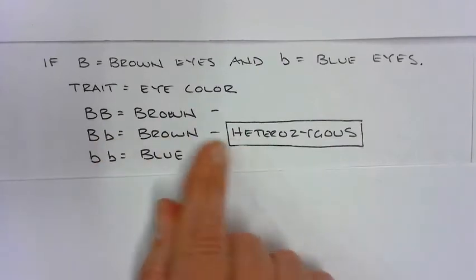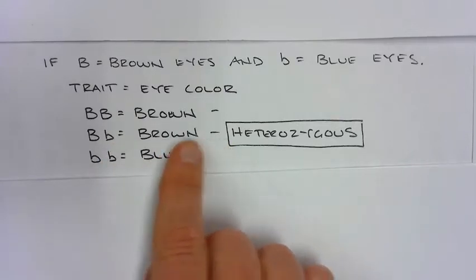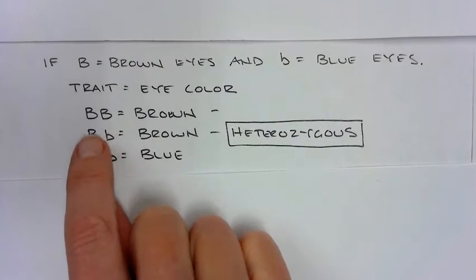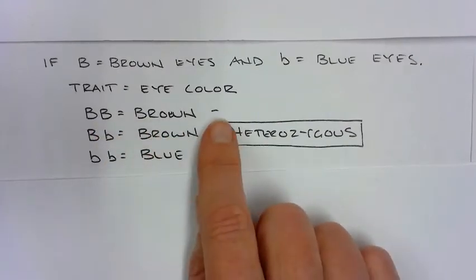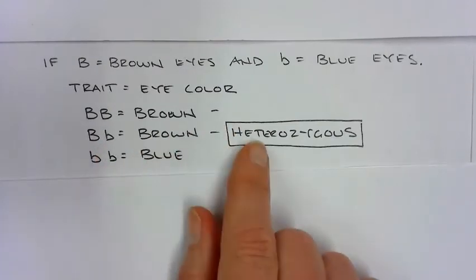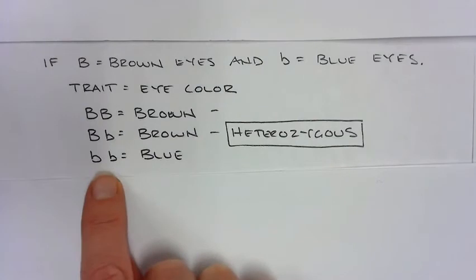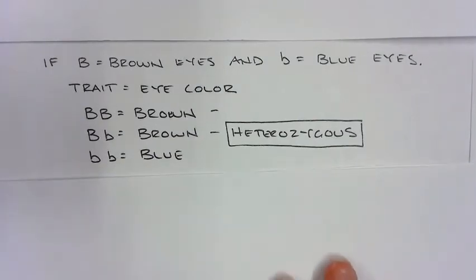Heterozygous means different, or it has a big B and a little b. It is different, and they are also both brown in color because they both have the dominant trait. Again, big B, big B would be homozygous dominant. Big B, little b would be heterozygous. However, little b, little b means they are blue and they are homozygous recessive.